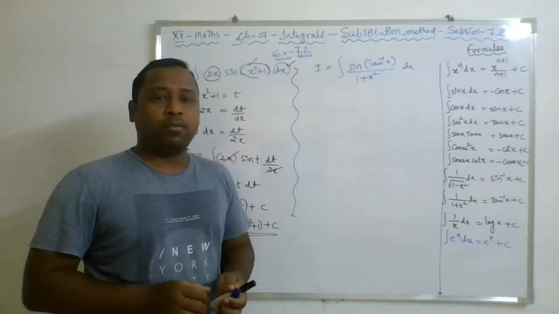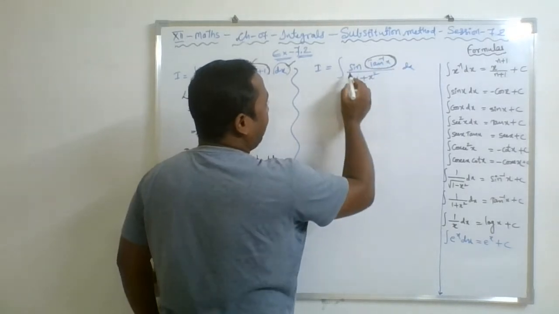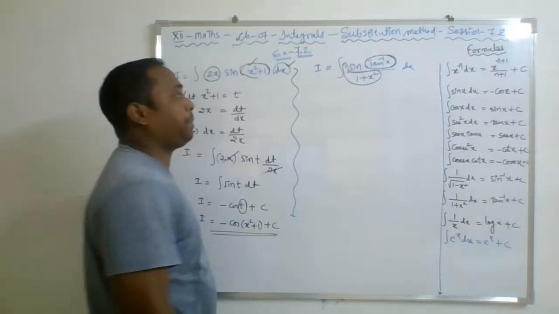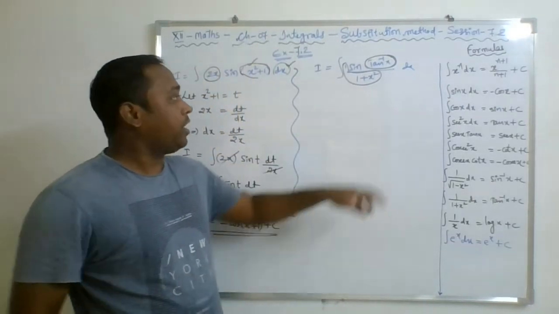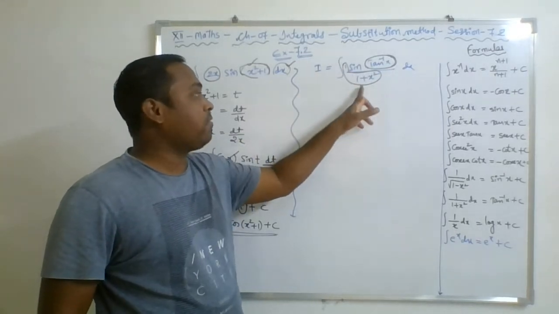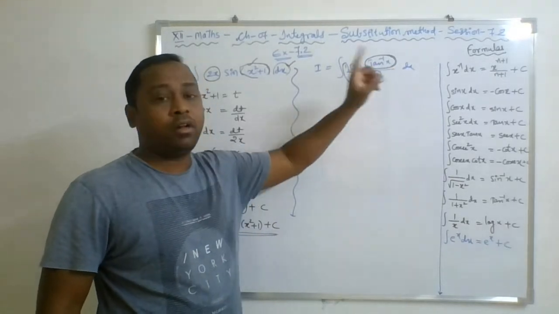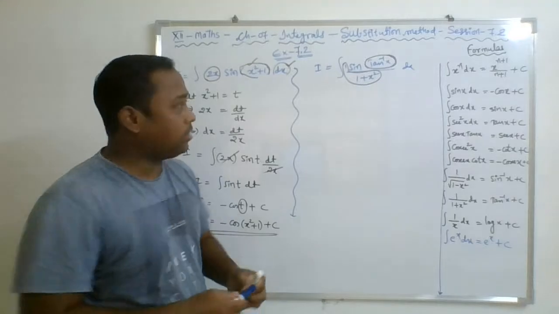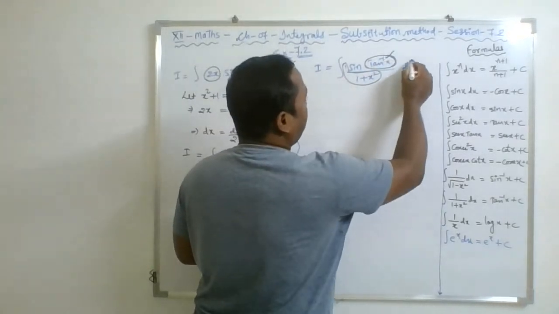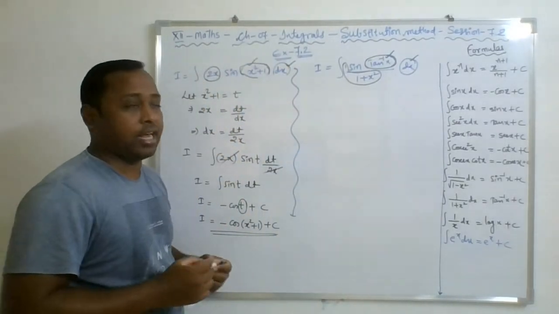If you closely observe this function, you will find the tan inverse x derivative is 1 upon 1 plus x square. So by assuming tan inverse x is equal to t, the derivative 1 by 1 plus x square is available, hence you can go for the substitution technique just by taking tan inverse x as t. Hence dx will also change, two things at a time.